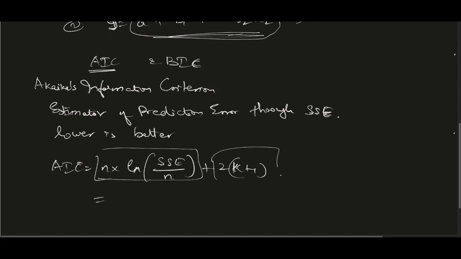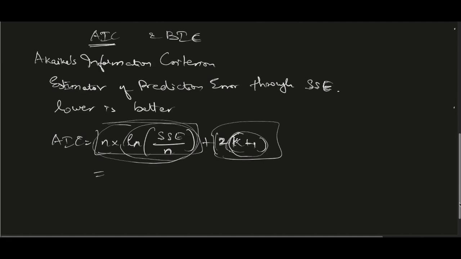SSE by n gives you the mean error, and when we do ln, it converts that into a rate. Multiplied by n, that means at what rate error is happening in this model. Then that has been exaggerated with twice the total variables, because k is the independent variables and 1 is the intercept, so k plus 1 becomes the total variables, into 2. So into 2, it is exaggerating the error.